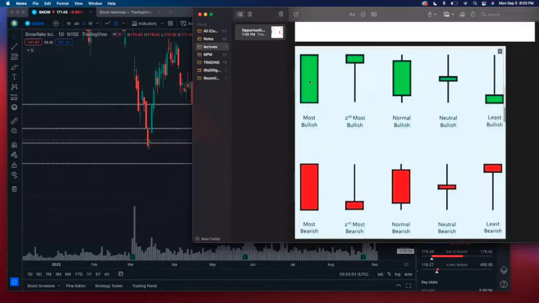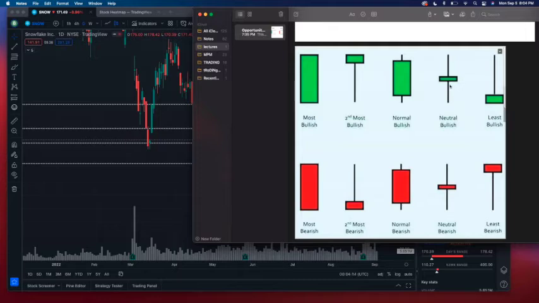That means a lot of buyers are stepping in during this candlestick. Here you can see price was driven down and then was pressed right back up and ended up green. So sellers pushed it down and then buyers just bought it right back up and it didn't even matter. Normal bullish is just a green candle.